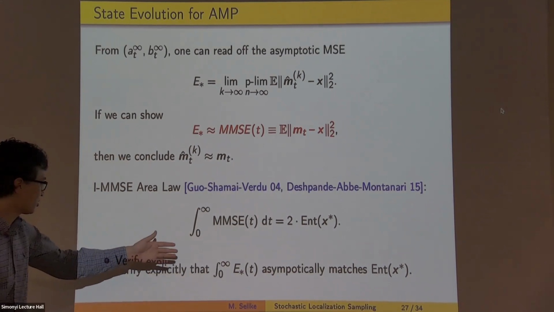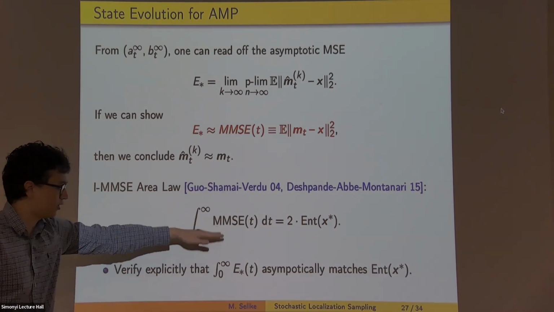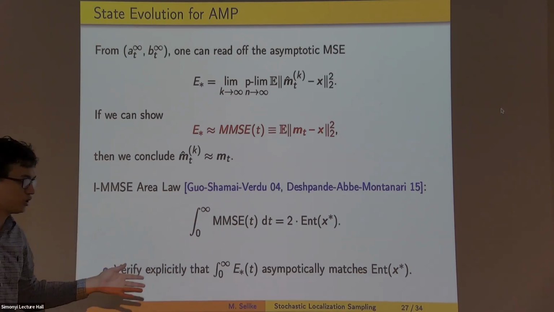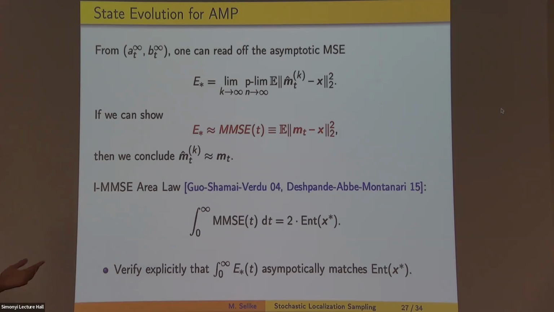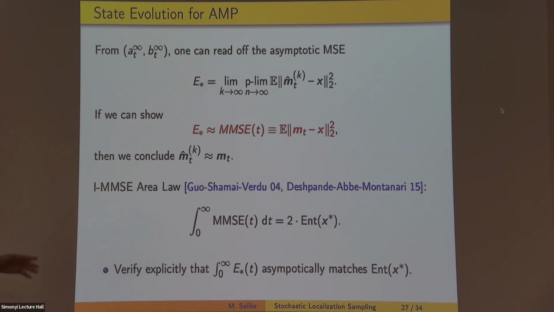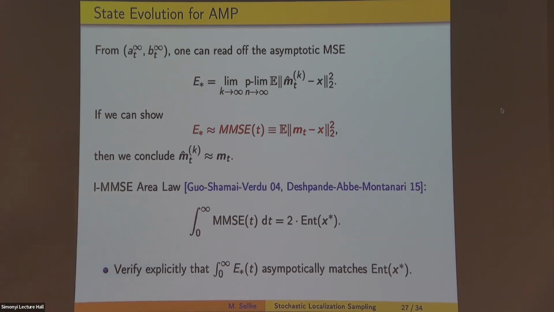The point is that there's some area law that tells you the integral of the mean squared error as you vary the value of t, as you vary the signal to noise ratio in your side information y_t. And if you can check something like this holds for your estimates, then you've saturated this bound, so you know that you found the asymptotically optimal mean squared error and hence the posterior mean.